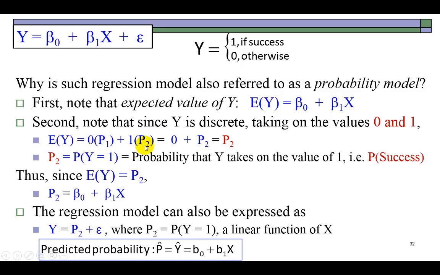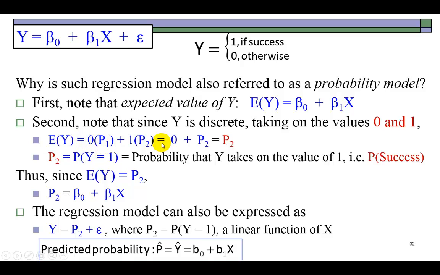So what this means is if P2 is the probability of success, which is the probability that y takes on the value of 1, then it means that P1 would be the probability of failure, which is where y takes on the value of 0.